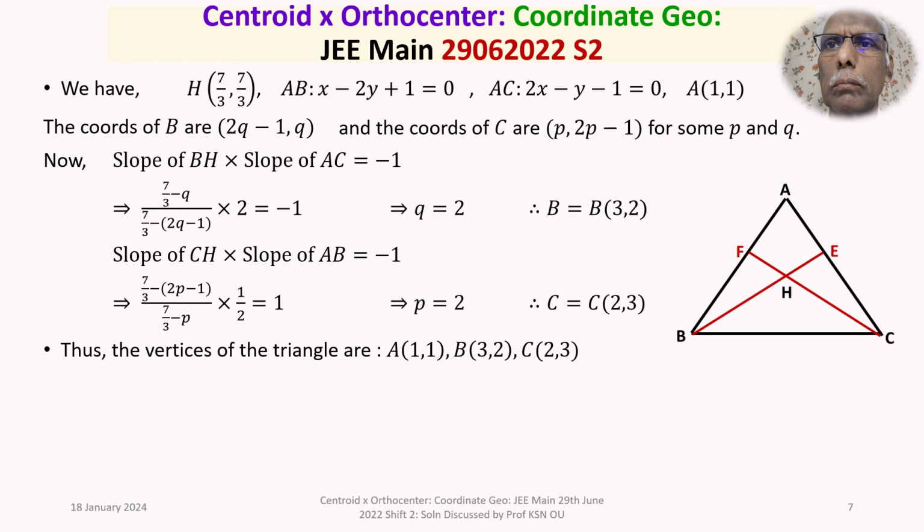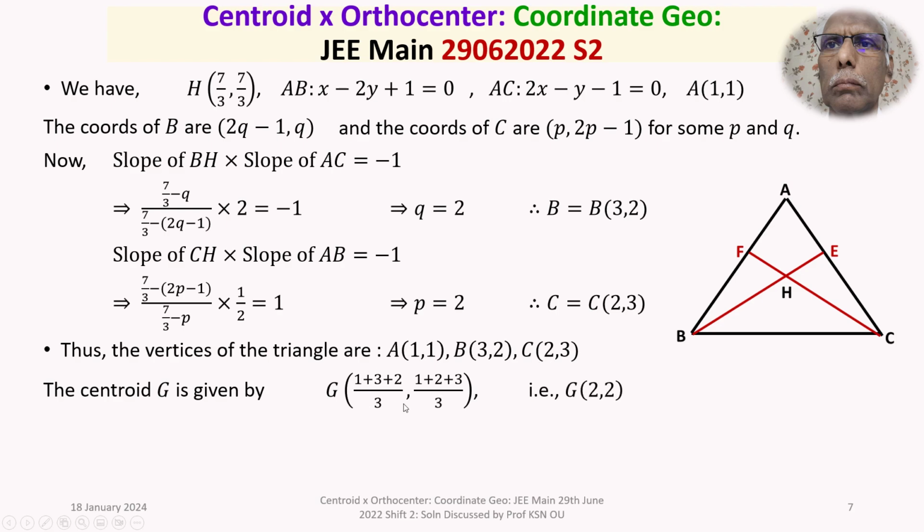Centroid is denoted by G. G is given by the sum of the abscissae, (x1 plus x2 plus x3) by 3, comma, the sum of ordinates, (y1 plus y2 plus y3) by 3. So (1 plus 3 plus 2) by 3, (1 plus 2 plus 3) by 3. This is 6 by 3, that is 2, 2. So the coordinates of G are 2, 2.